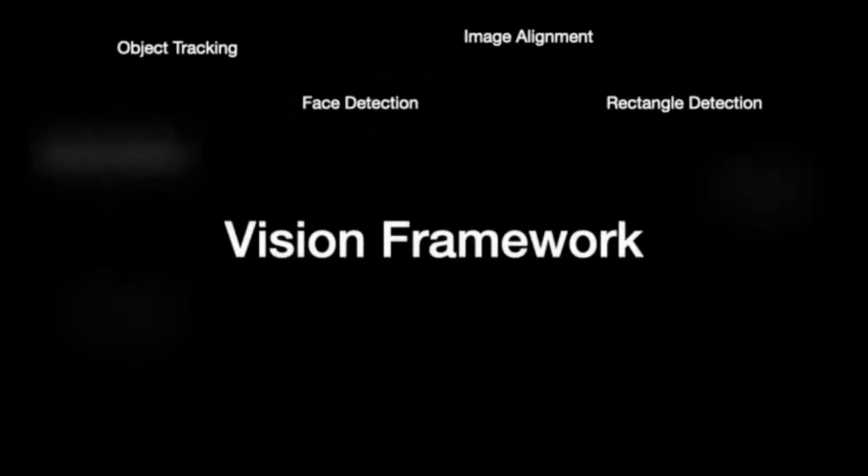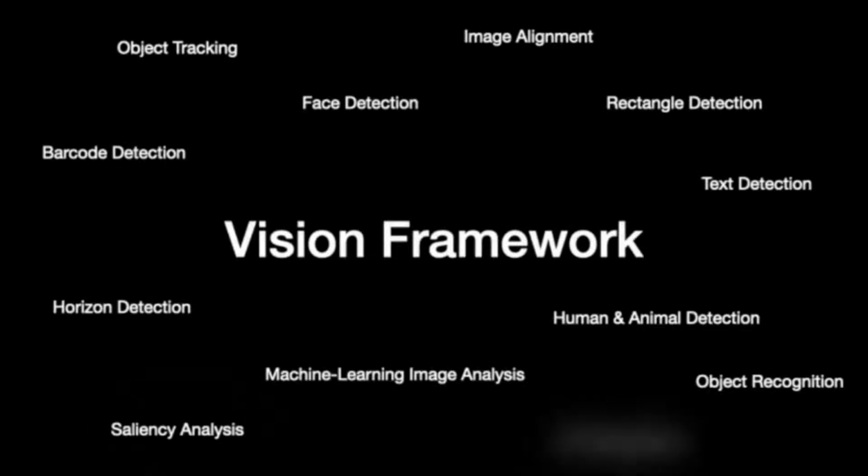It's a collection of tools and pre-built algorithms for detecting common items in images, such as barcodes, text, faces, and objects. It's optimized to be efficient and run at high speed.